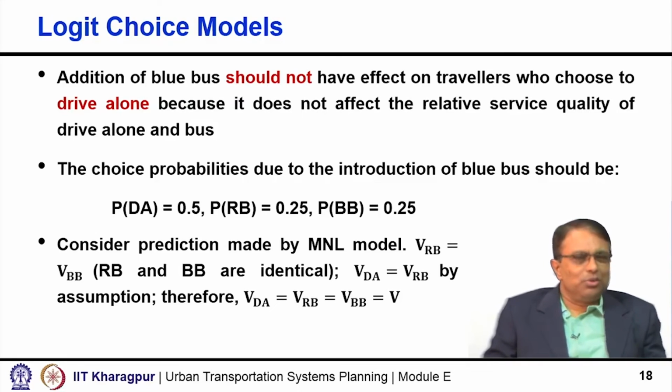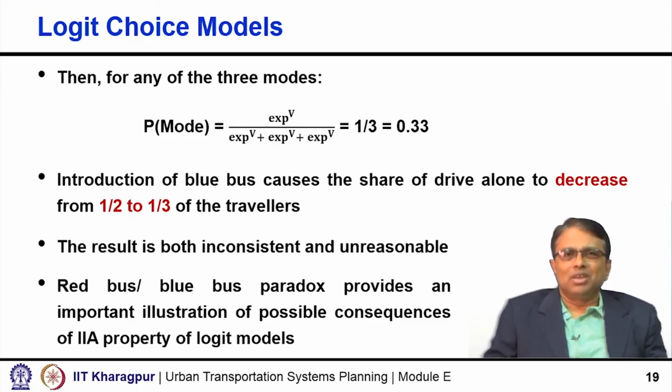You are actually going to get a distribution like this: e to the power v drive alone, or any one mode, divided by e to the power v drive alone plus e to the power v blue bus plus e to the power v red bus.